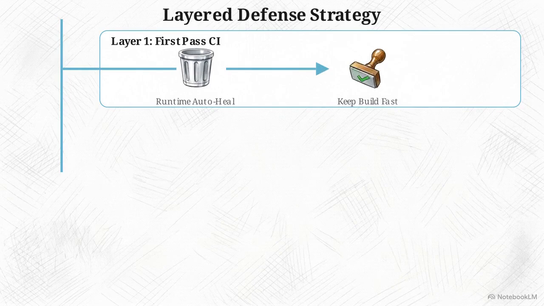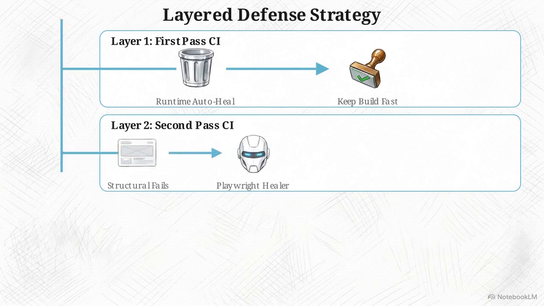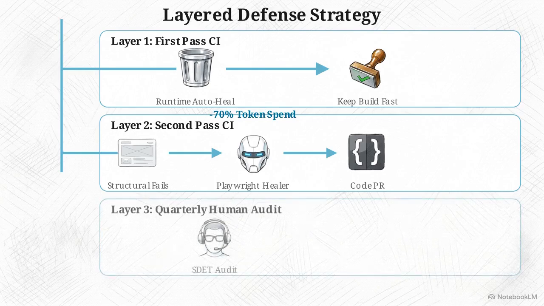Layer 2 is the second pass CI. Tests that fail across multiple runs are persistent structural failures. These bypass auto-heal completely and route directly into the Playwright Healer Agent. Isolating the healer strictly to this second layer drastically cuts your LLM token spend, while guaranteeing that structural DOM changes are actually addressed with permanent code updates.